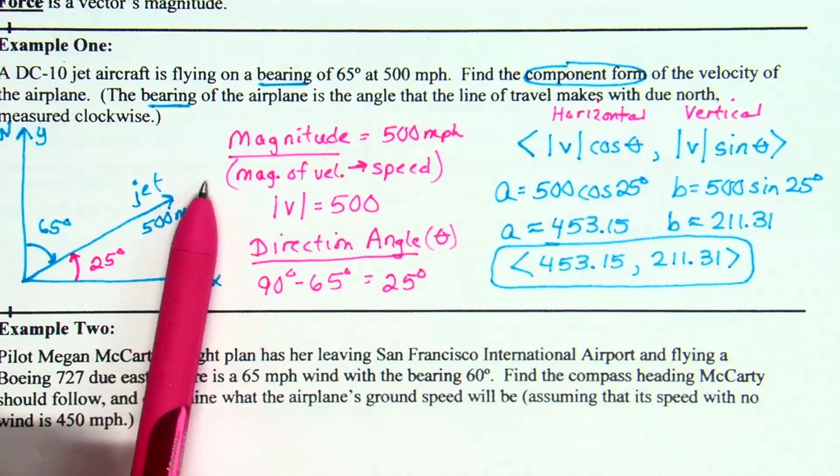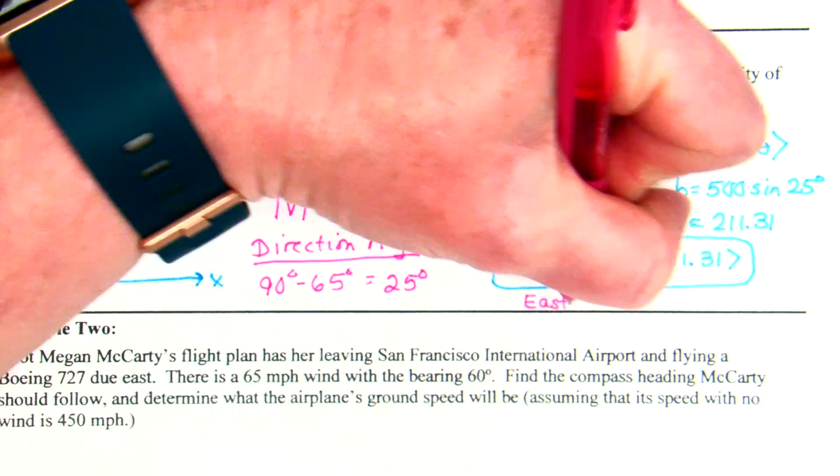And the 211.31, if that's my vertical component, that's going to be 211 miles per hour in a what? Northern? I don't know if the book uses this or what. I have northward written down. Maybe those were the book's words. My morning class said northerly. Yes, same thing. Okay.